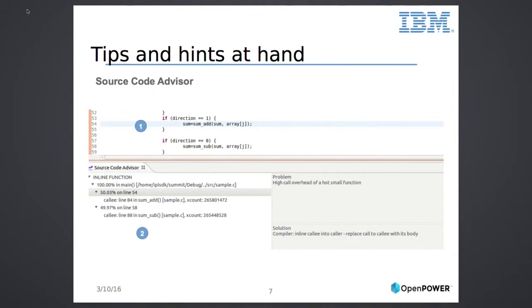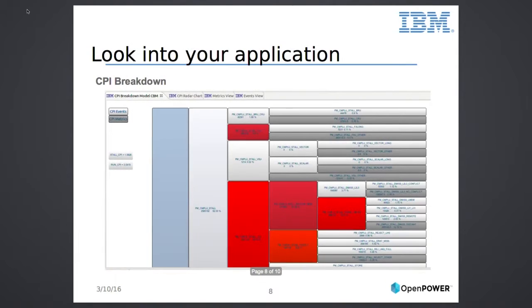During the profiling, the FDPR provides a journal which is an XML file, and this is the input for the source code advisor. The source code advisor is a tool that provides tips and hints that show possible problems within your source code. So if you have any problem, the source code advisor will point out the problem and explain what's causing that problem. For the SDK 1.9, we have quick fixes for those problems as well.